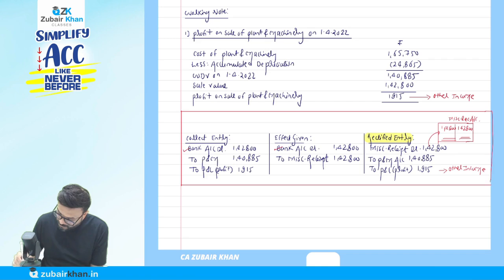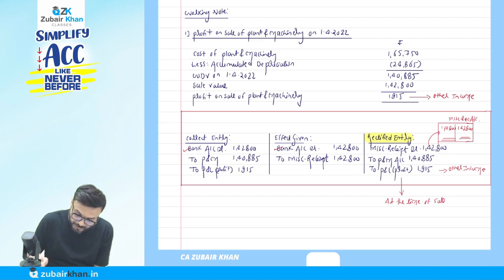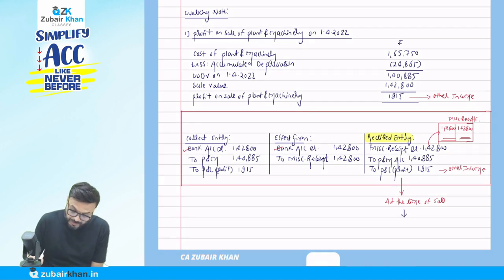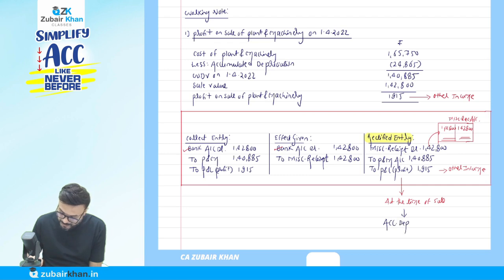Now at the time of sale, what do we have to do? At the time of sale we have to cancel the accumulated depreciation on the asset. What is the accumulated depreciation? 24,865. So we have to pass an entry: accumulated depreciation account should be debited 24,865 to the plant and machinery account.